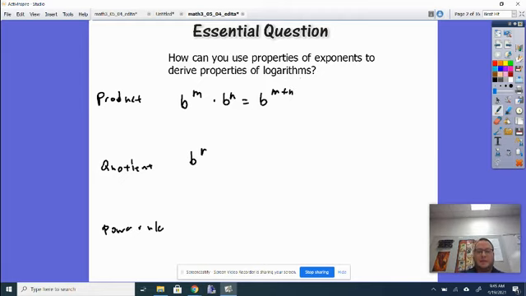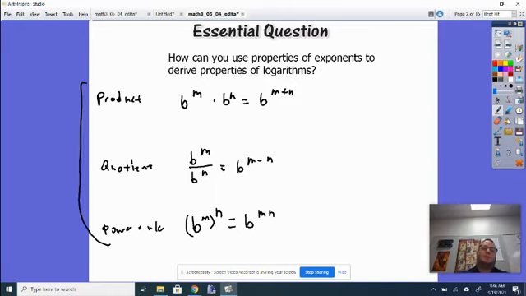The quotient rule said b to the m divided by b to the n gave me b to the m minus n. And the power rule said b to the m, raised to the n, gave me b to the mn. Those were the three big rules. There were some other ones as well, but those are the three big ones that worked really nicely for us.